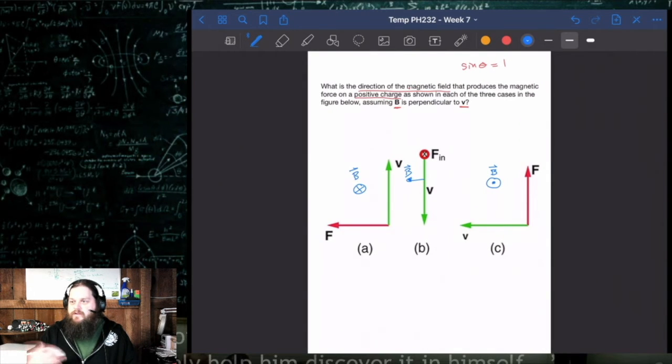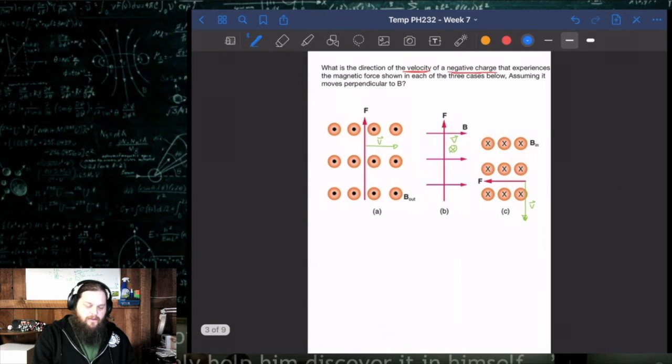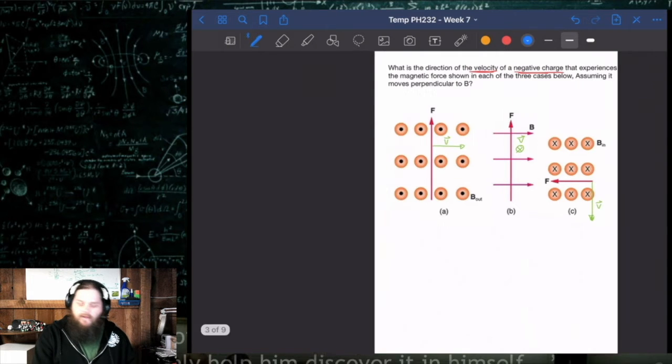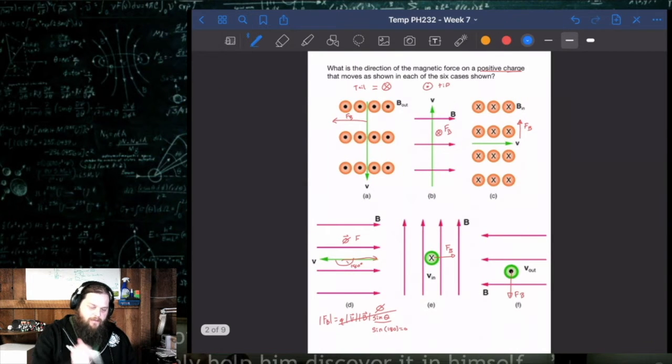Depending on which value you have, if you have the force and the velocity, you can determine the direction of the magnetic field. If you have the magnetic field and the force, you can determine the direction of velocity. And if you have the magnetic field and the velocity, you can determine the direction of the force.